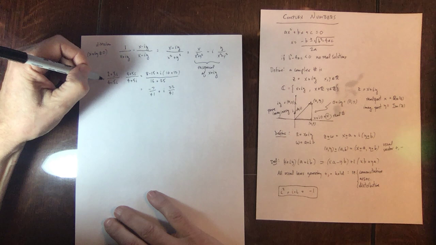Plus i, and then again I factor out r1 r2 from here, and I'm left with sine cosine plus cosine sine. That's the trig identity for the sine of the sum of these angles. So that's what you get. So that's the answer. That's this complex number.